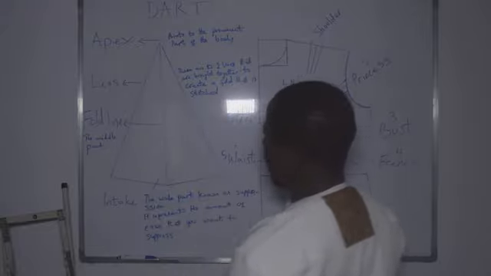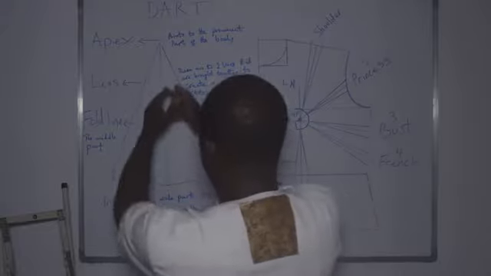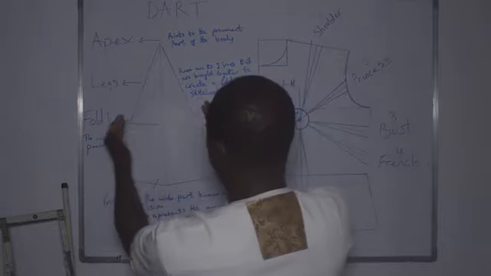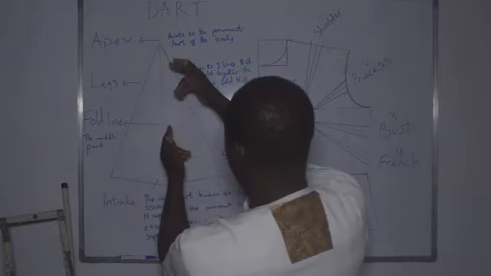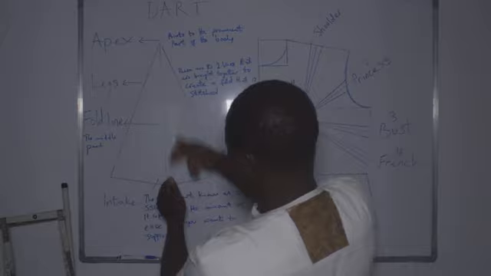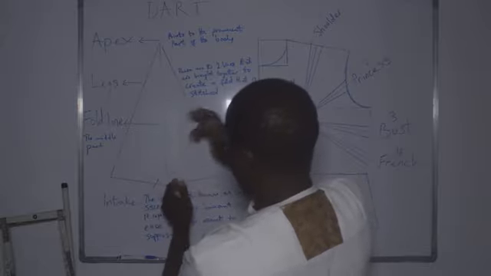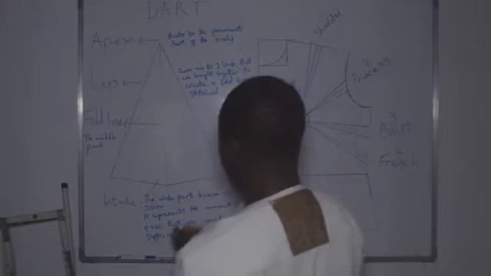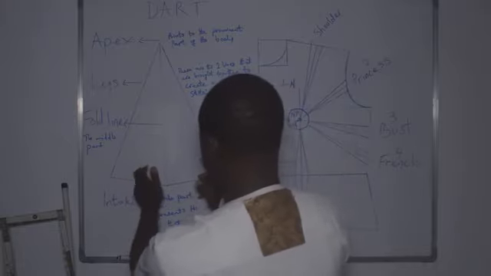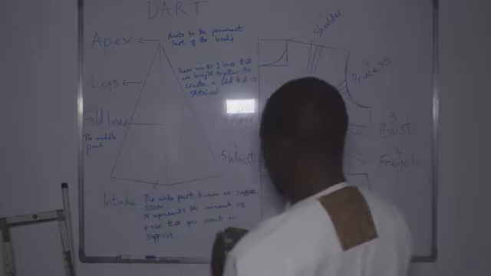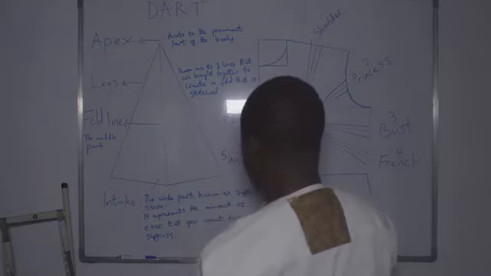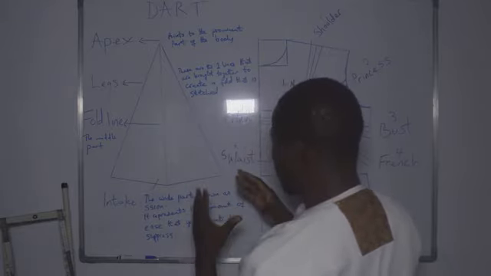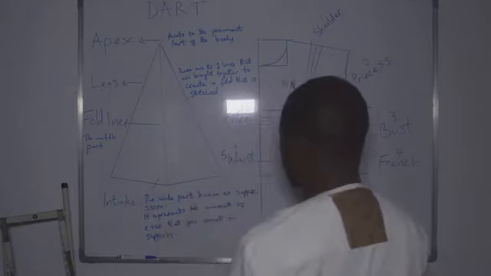Then we have the fold line. When you bring these two legs together, you are going to have a line which is at the middle of the dart, the middle point of the dart. Then we have the intake. The intake is the widest part of the dart, known as intake or suppression.